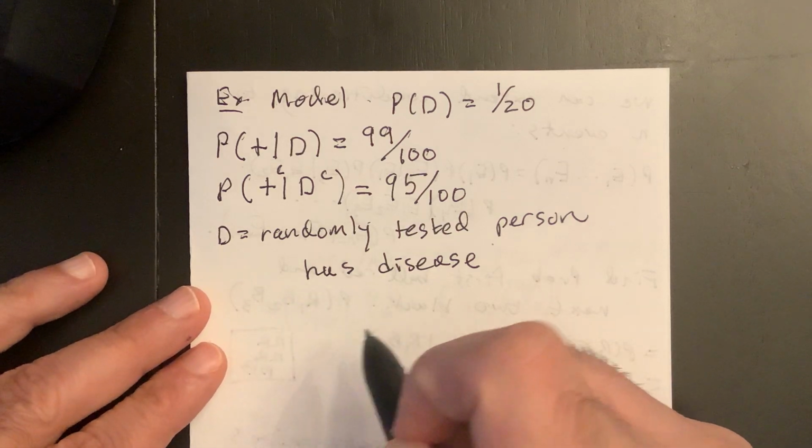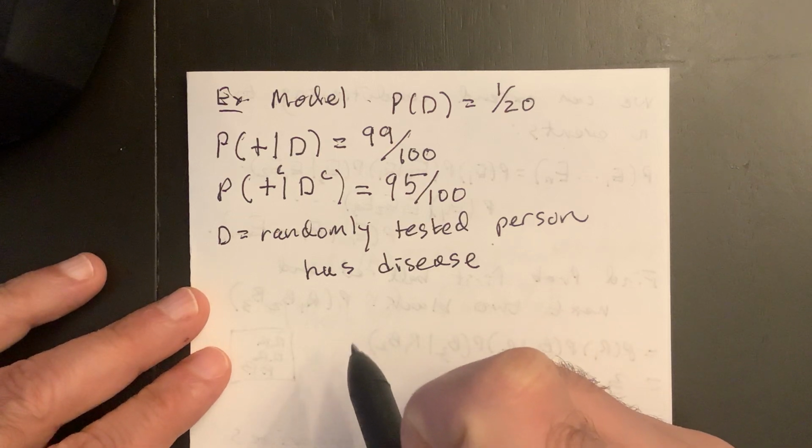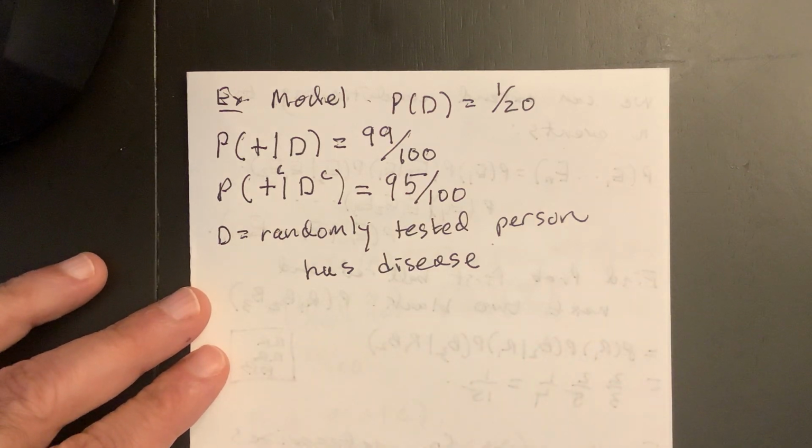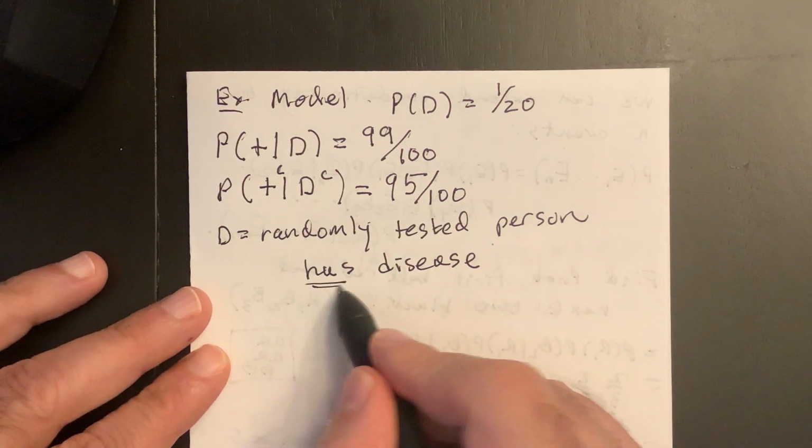Randomly tested person has the disease. Is that clear? Whether they have it or not has nothing to do with the test, just whether they have it or not. It's not saying the randomly tested person tests positive for the disease. The randomly tested person has the disease.